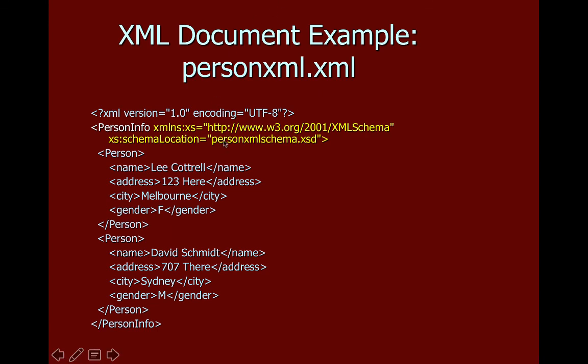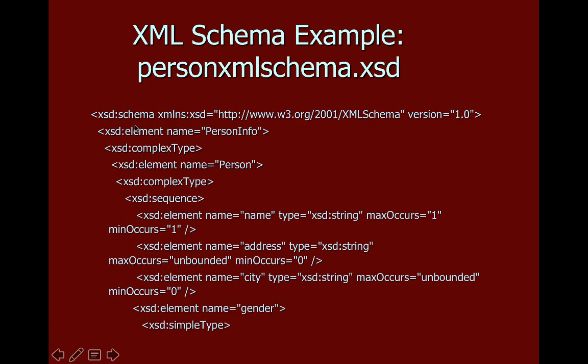And the schema location, instead of the name of an XSD file, could be a full URL pointing to the XSD file. And you notice that you can declare the XML version and the encoding. This is a Unicode encoding, which means that instead of these tag names being in English, they can be in any language that you want. And that's what the schema looks like.